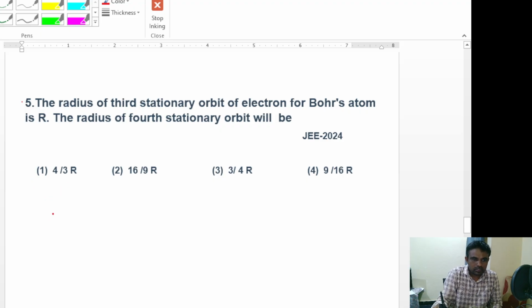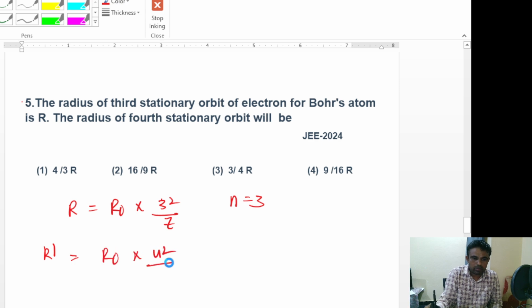Where the radius of the third stationary orbit of the electron of Bohr atom is R. So R is equal to R naught into n square by Z; third means n is equal to 3, so 3 square by Z. Next, the radius of the fourth stationary orbit I am considering as R dash is equal to R naught into, fourth stationary means 4 square by Z.